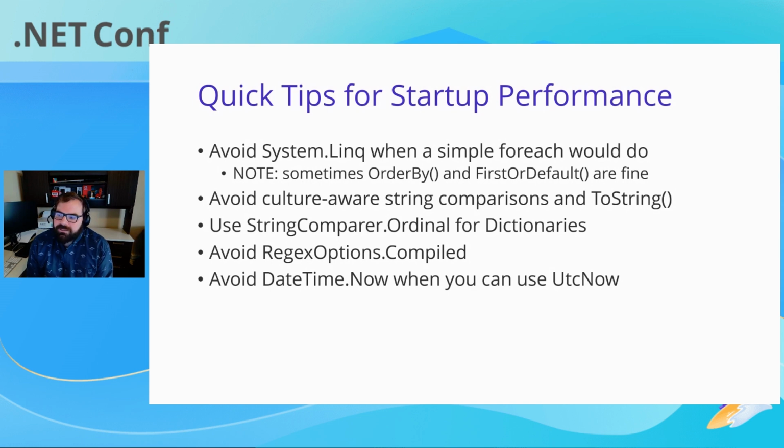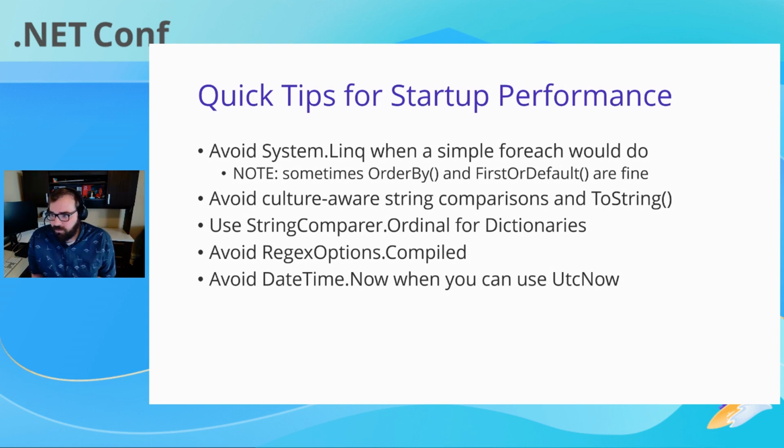What we did for this is we added a code analysis rule in Maui so that you'll get a build error if you add one by accident. Same thing with dictionaries. You can pass string comparison ordinal or string compare ordinal. It depends on what method it is which one you use.